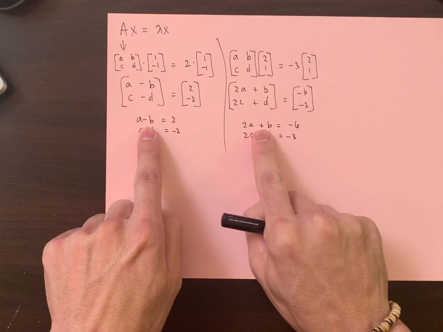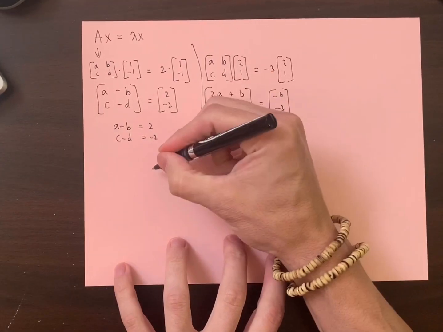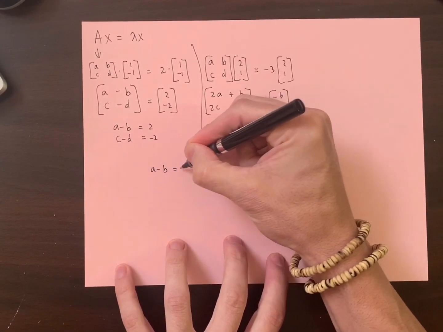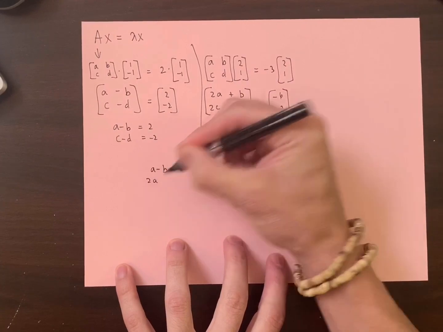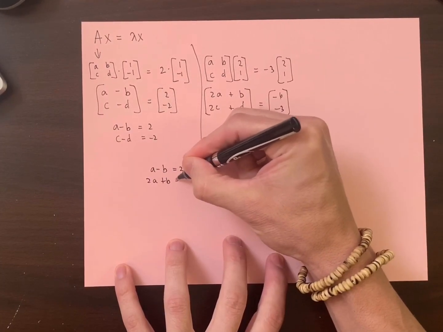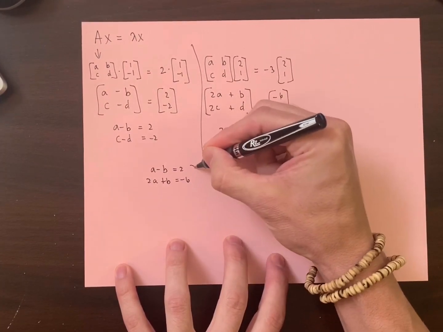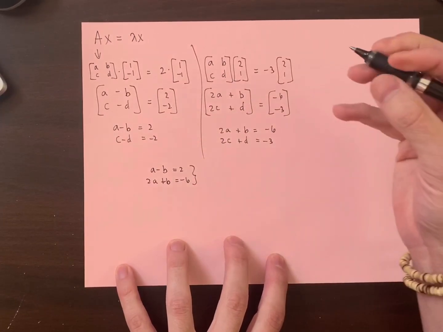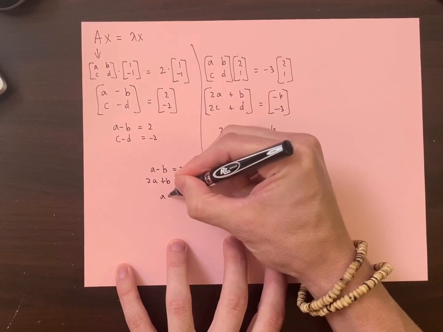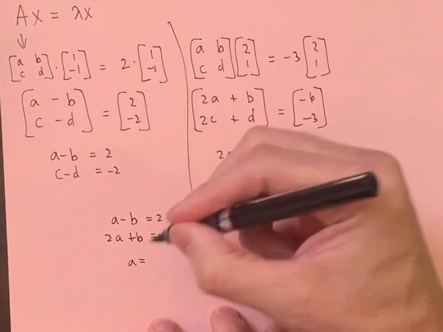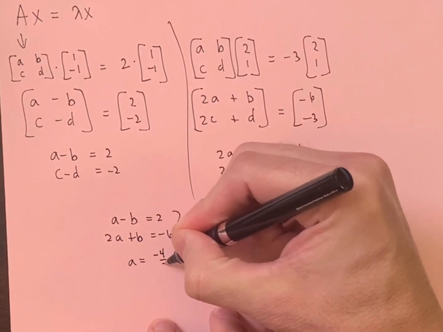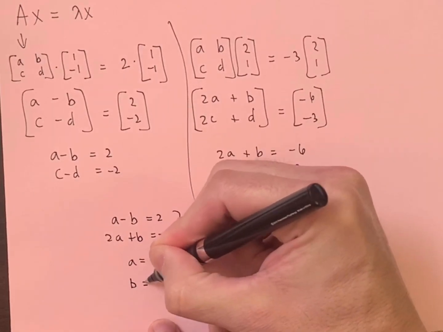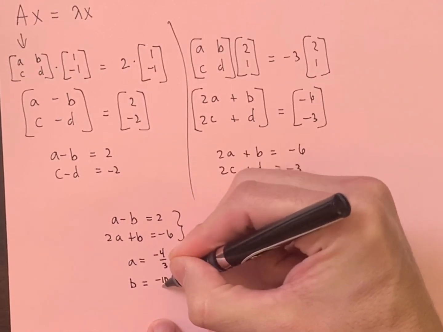Now, why don't we compare these two equations and these two equations? So if you look at the two equations that have A and B, we have A minus B equals 2, 2A plus B equals -6. I will allow you to solve that system. From it, you will discover that A is -4/3 and B is -10/3.